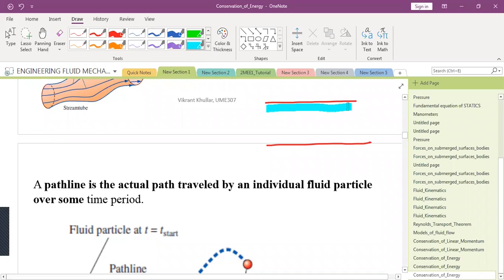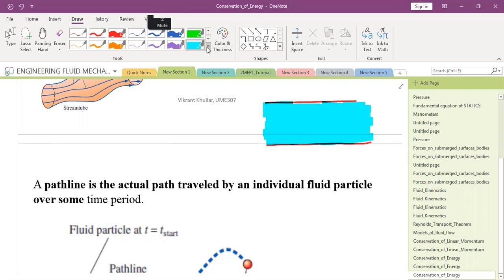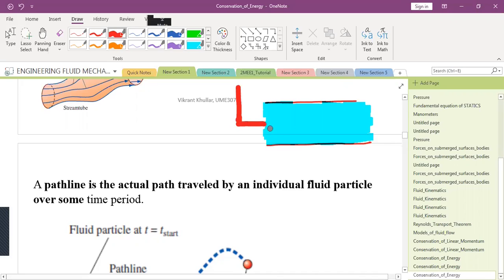So this was the water flowing in the pipe, and you want to track a particular fluid element. So what you do is you take a dye and inject that dye at some location. So that location say happens to be location A. You are injecting red dye at this location.